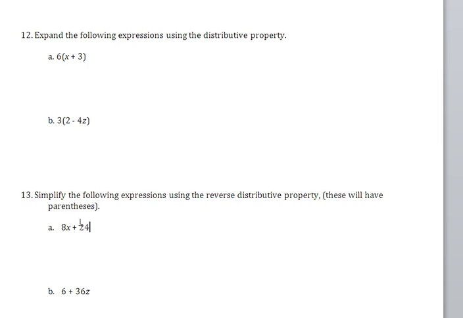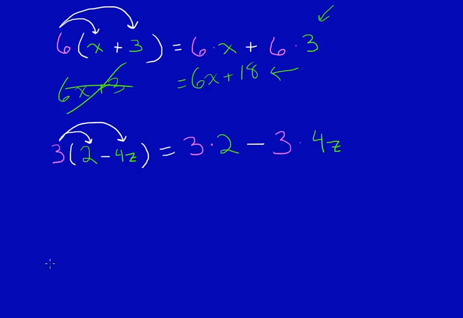So how do we get to one term when we have this two term 8x plus 24? Well, you want to think about it kind of the same way I did before. I'm going to leave that up there actually. So we're given the problem 8x plus 24. And you want to think of, is there a number that if I were to multiply in, I would get 8x plus 24?